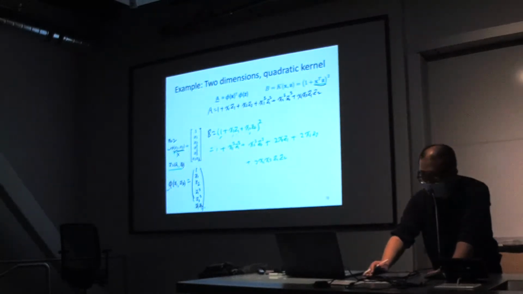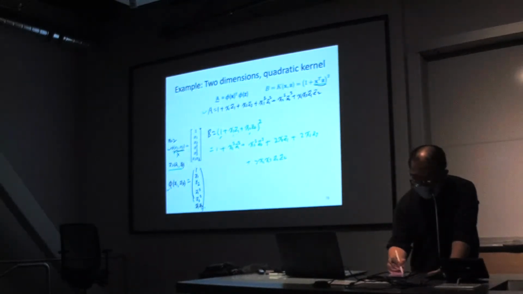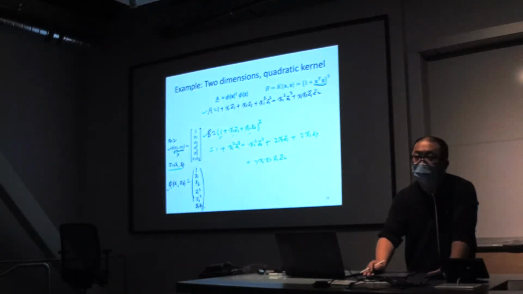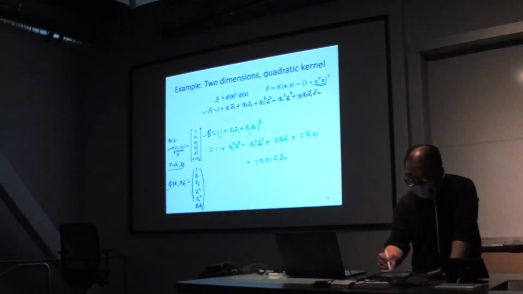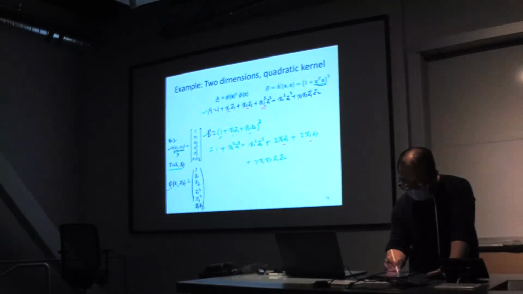Now let us contrast A and B. You see that all the terms in A are in B. So you got 1 here, x1 z1 here and here, x2 z2 here and here, the square terms x1 square z1 square, x2 square z2 square, and x1 x2 z1 z2.